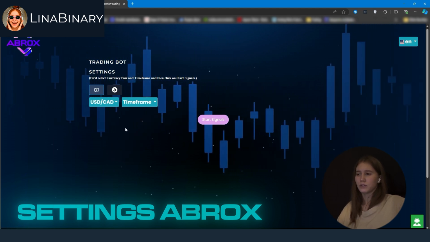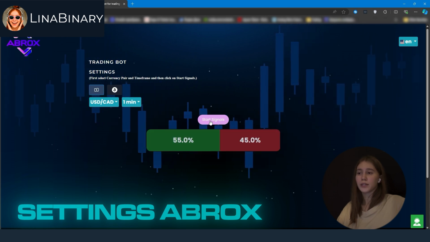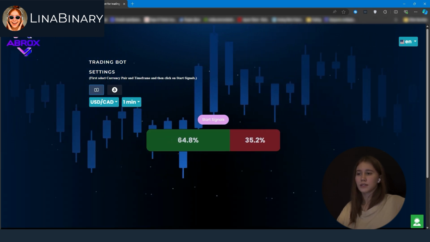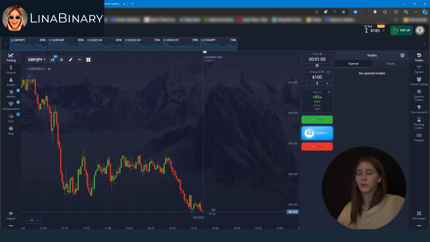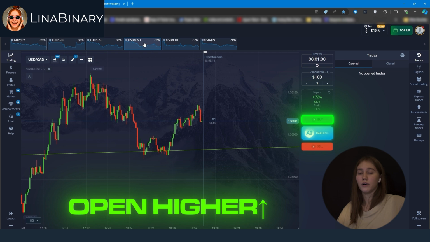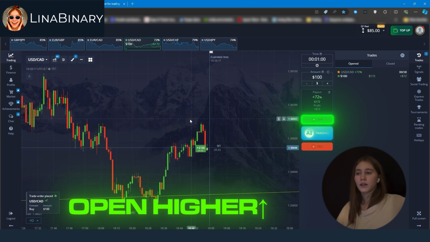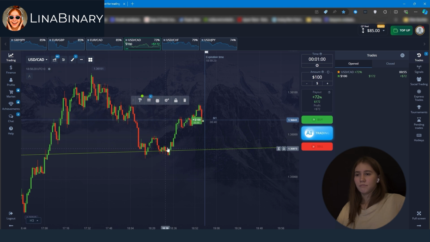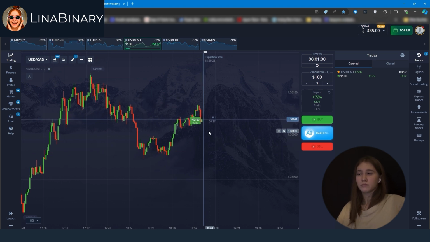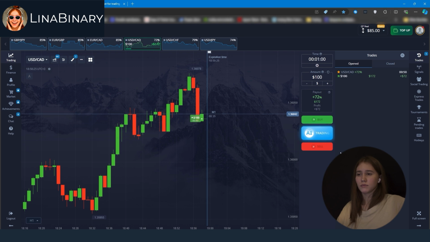We use the time frame of 1 minute and start signals, and we started our analysis of the chart of the market. We see a drawdown. The market should recover. We see it with the support area. Let's see. 1 minute deal.